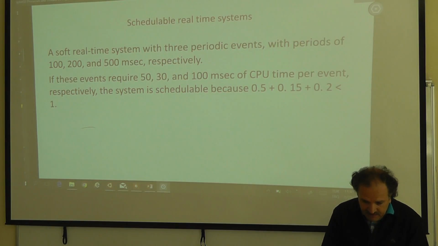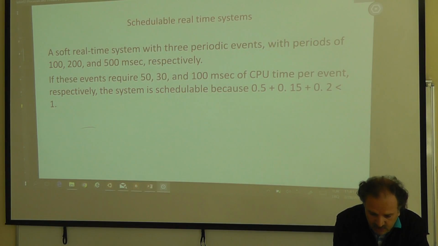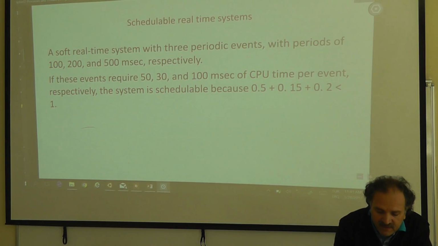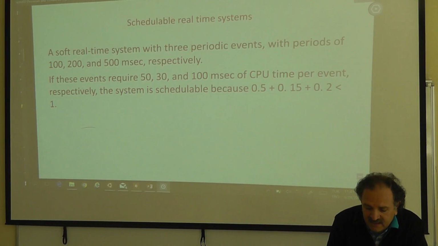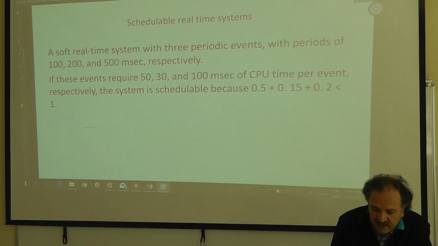And there is an example. I have a soft real-time system with 3 periodic events. One will run every 100 milliseconds, the other one will run every 200 milliseconds, and the other one will run every 500 milliseconds.